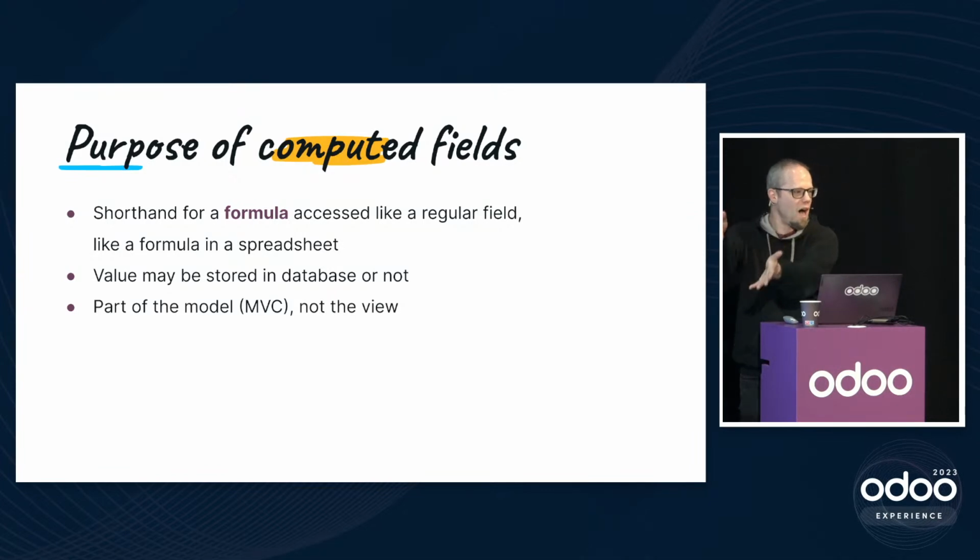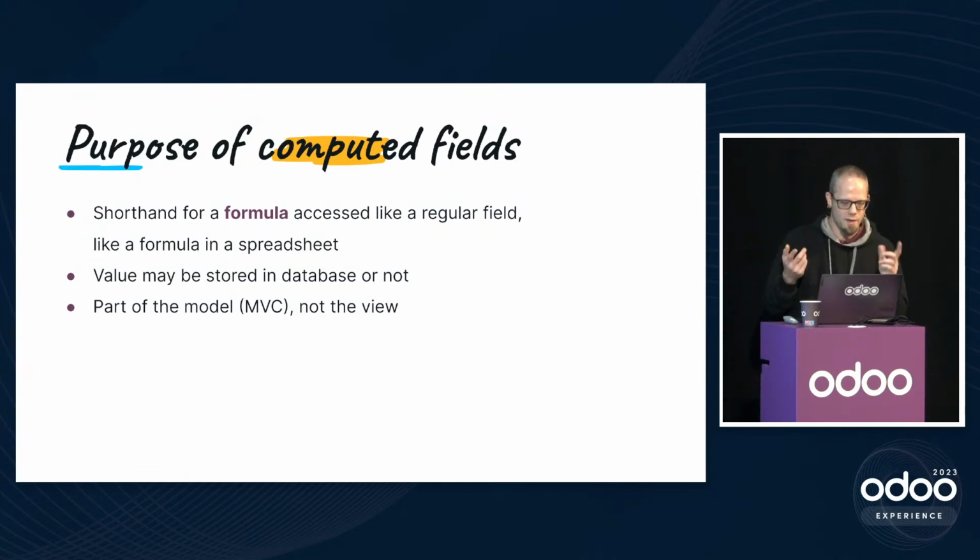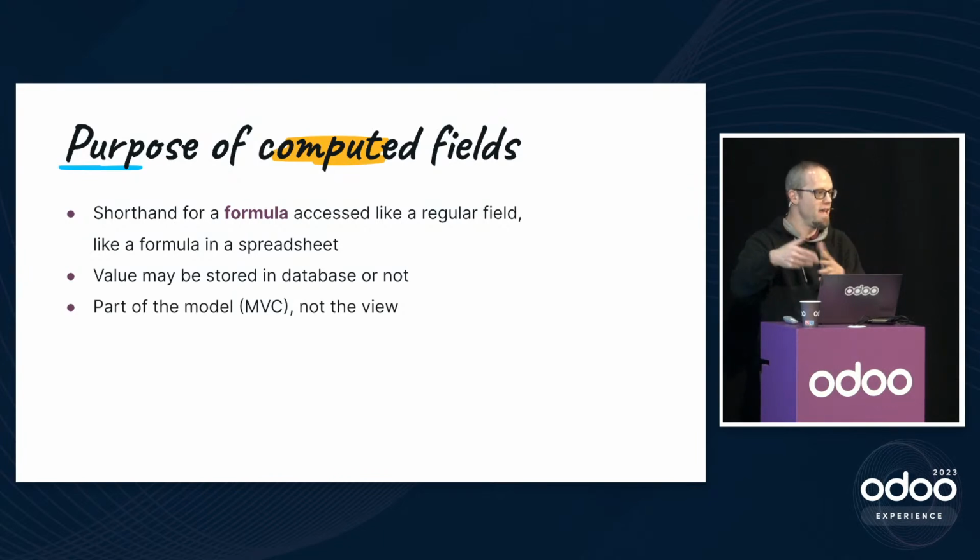But behind the scenes, it's actually a computation that's hidden. And the trick is that the value may or may not be explicitly in the database. In most cases, it's not in the database. It's just a formula that's computed on the fly.